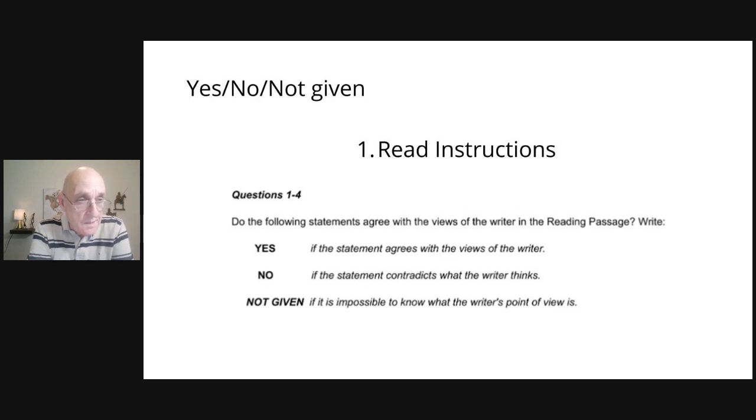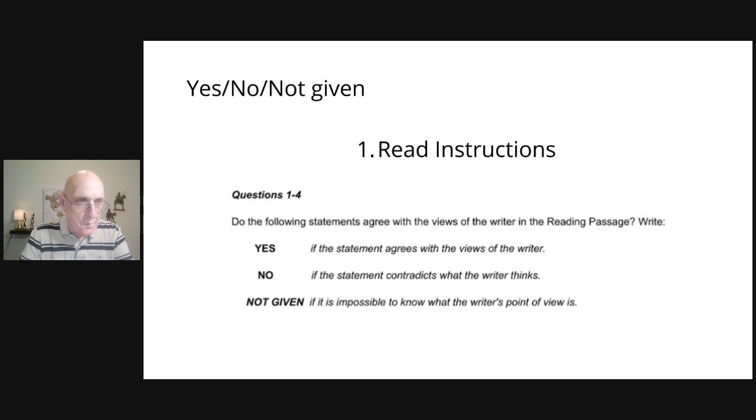And if it contradicts it clearly, it's no. But if you don't find anywhere where it clearly agrees or clearly contradicts, only then would you choose not given. So this is a very important thing to be aware of. You have to find clearly where it agrees or where it disagrees. And if you don't find that, only then is it not given. So read the instructions. Never overlook that.